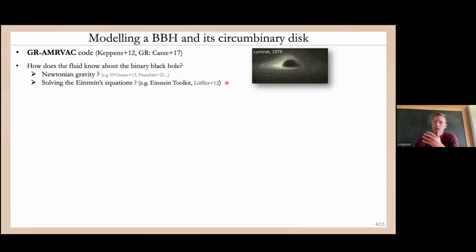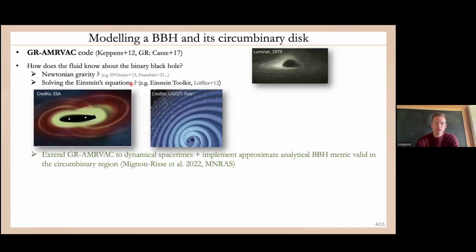So if we want to take into account those GR effects, the most complex but also complete way to do it would be to actually solve the Einstein's equation. But that's really computationally expensive, and that's so expensive that actually you cannot evolve the system on hydrodynamical timescales of interest, at least.